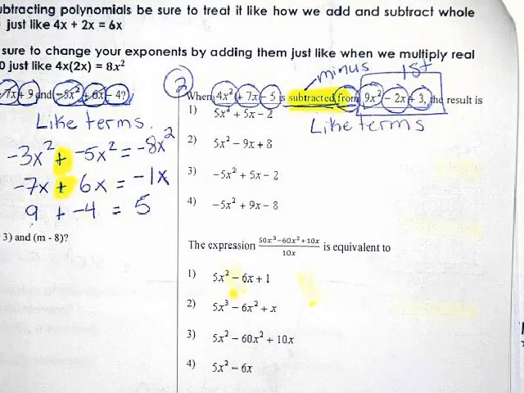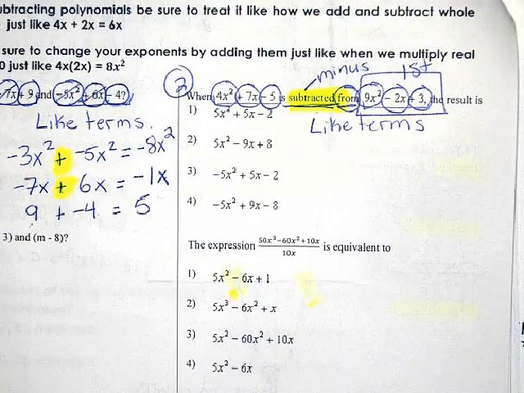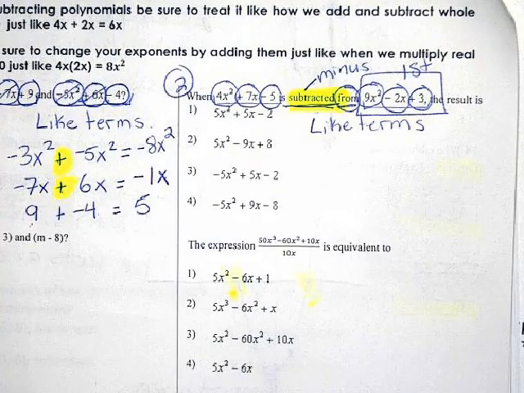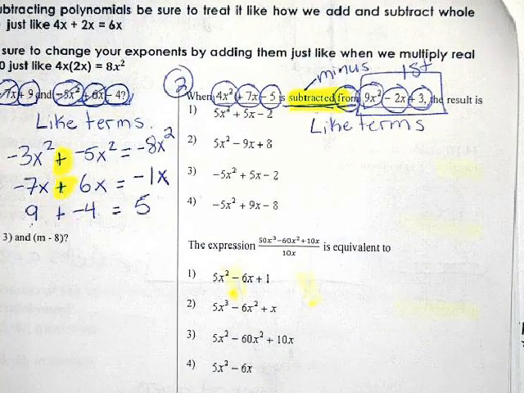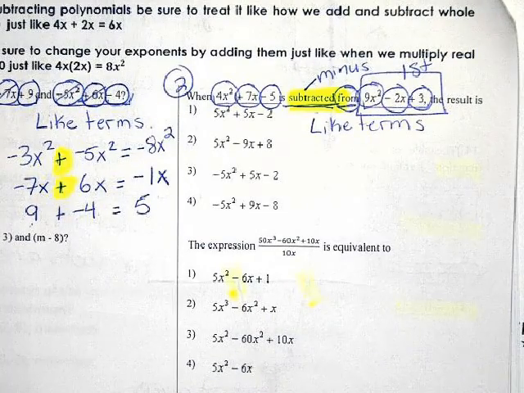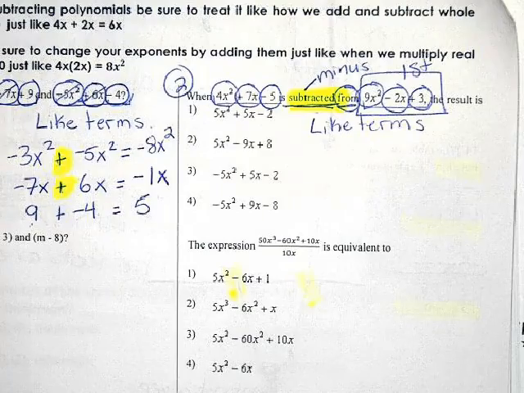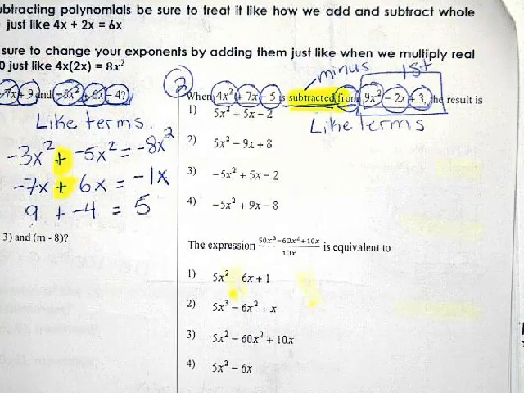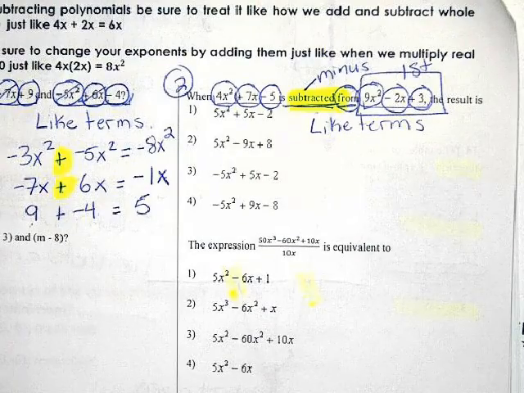It's like telling you, Nasir, take 20 from the 50 I have. So where would he go first? He'd have to go to my 50, and then he's going to take 20 out of it. So from means the second one is going to go first.